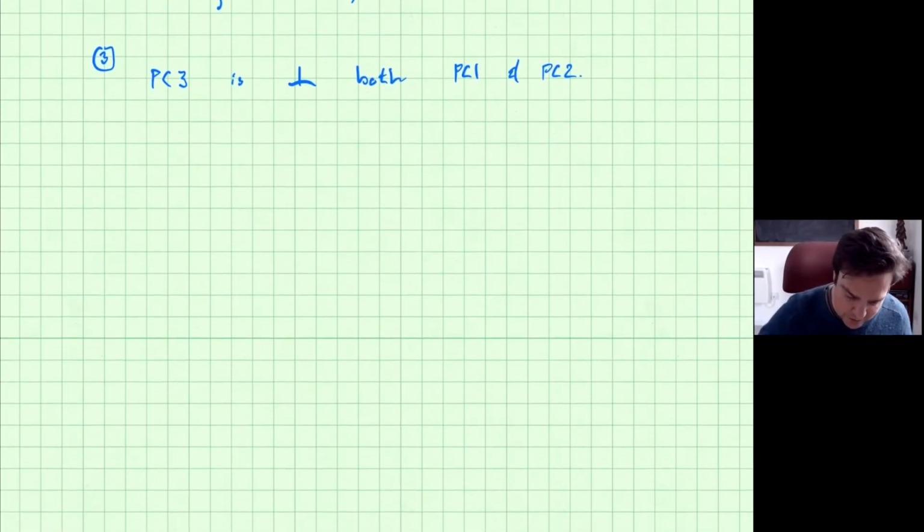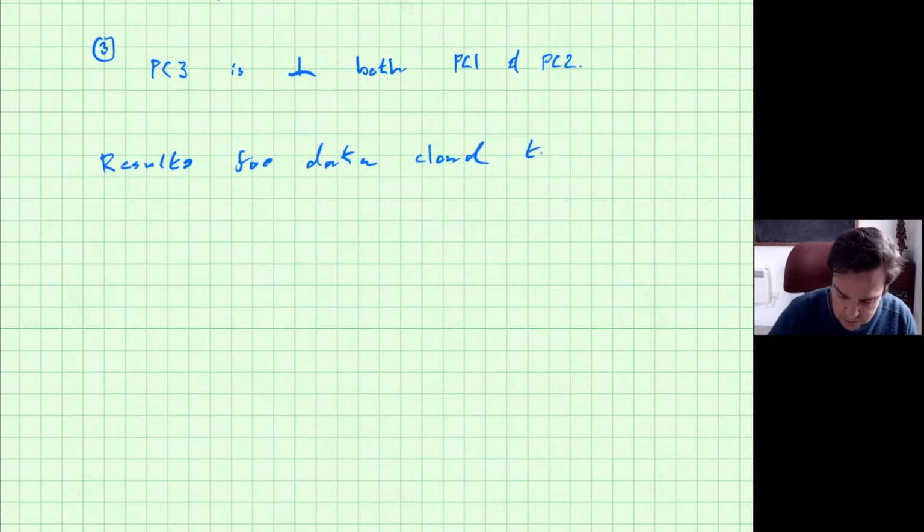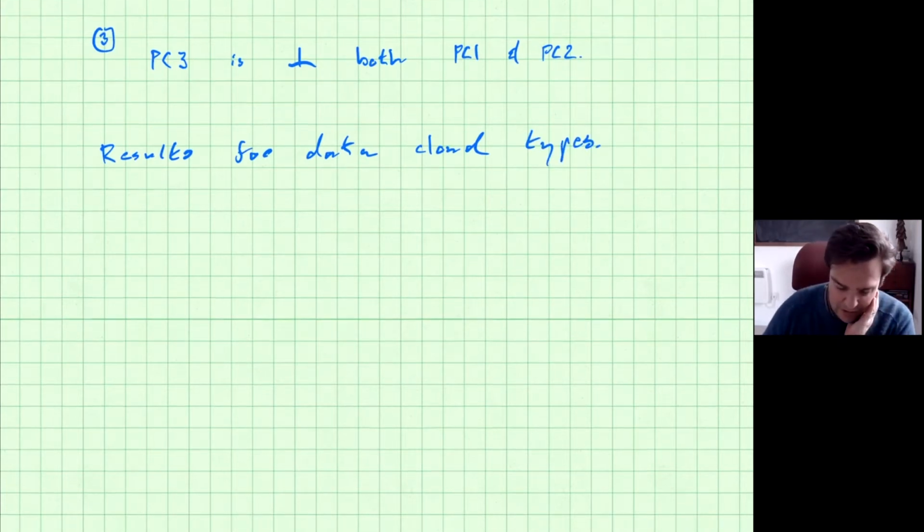All right, so let's talk about the kinds of results you can actually see, right? So results for certain data clouds, for data cloud types. All right, so there's lots of different data clouds you can get.